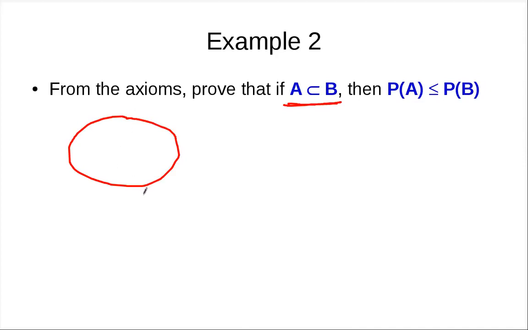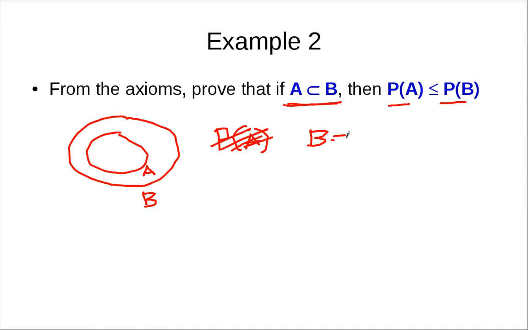You have set B, and A is a subset of B. You want to show that the probability of A is at most the probability of B. So we start by saying that B equals A union (B minus A). This is A, and this is B minus A.